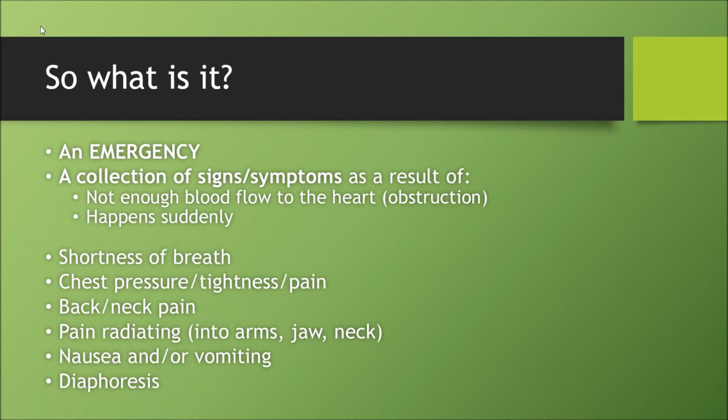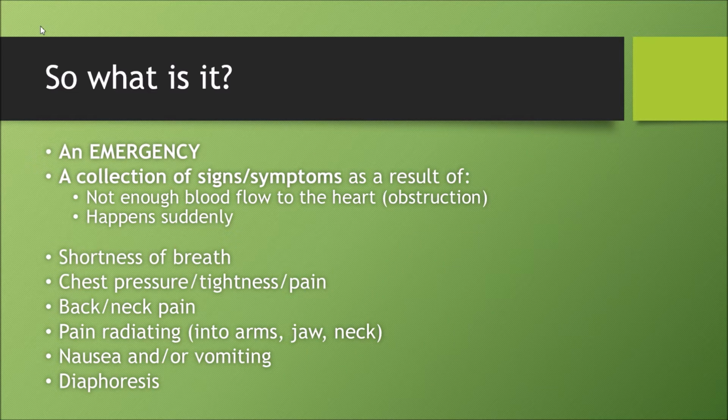The younger a female is, the more atypical symptoms she may have. So she may just be extremely fatigued and may have a little back pain here and there, and that may be symptoms of acute coronary syndrome.